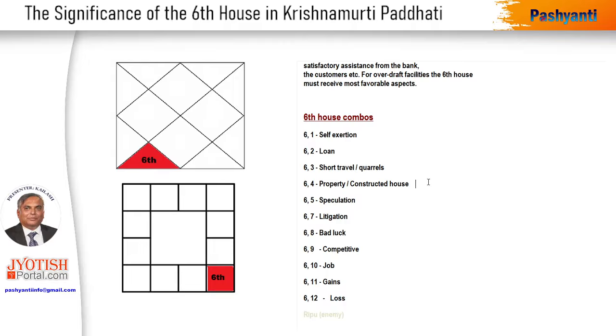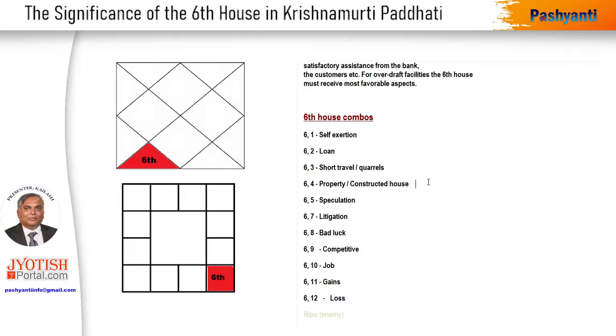Somebody buys a land and then constructs a house. For that the combination is different. It is 4, 11 and 12. And then of course the Mars, Saturn, the Bhumikarak planets play a role. But if somebody is buying a constructed house, then the sixth house has to be there, because the seventh house in Krishnamurti Paddhati indicates the other person.